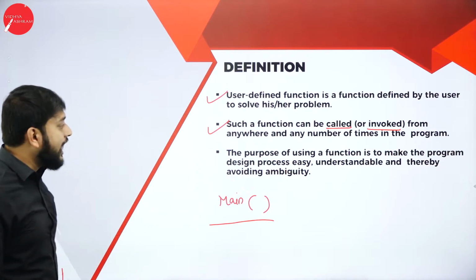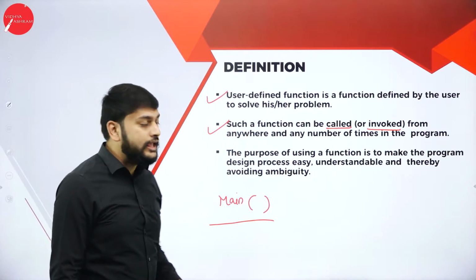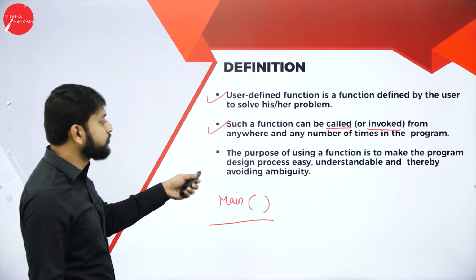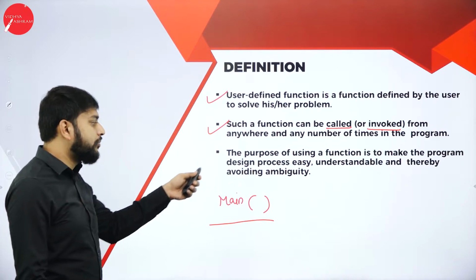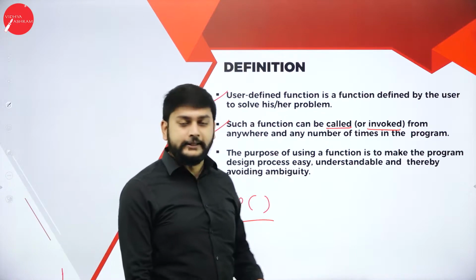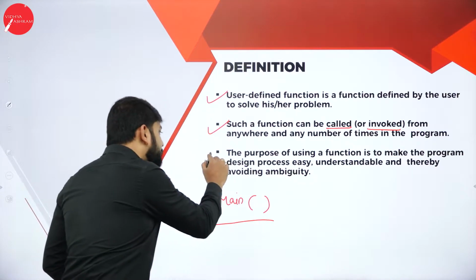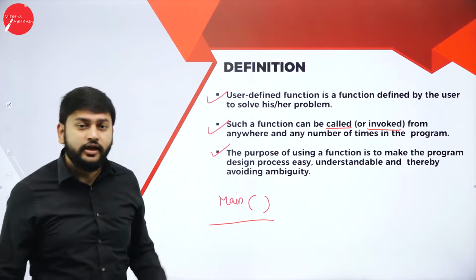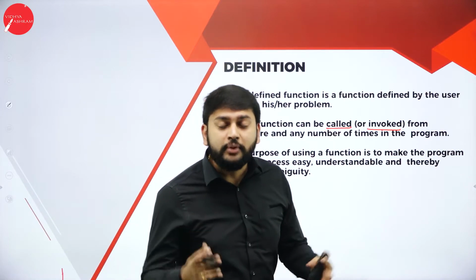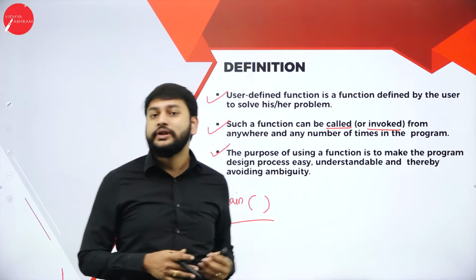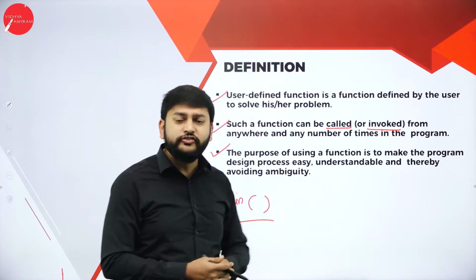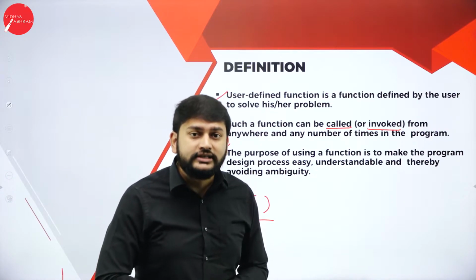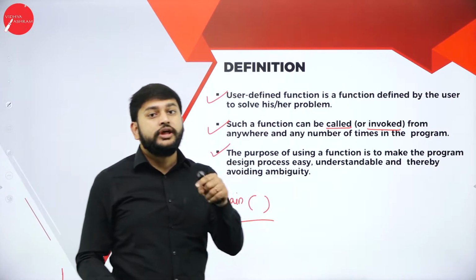So what is the next one that I have? The process of using a function is to make the program design process easy and understandable, thereby avoiding ambiguity. If I use a function, I can avoid the ambiguity and make the program very simple. That is one of the advantages. I'll discuss the advantages later.